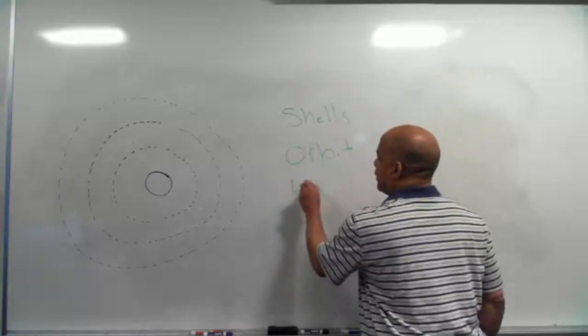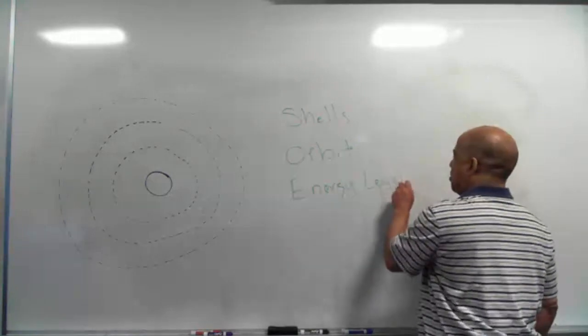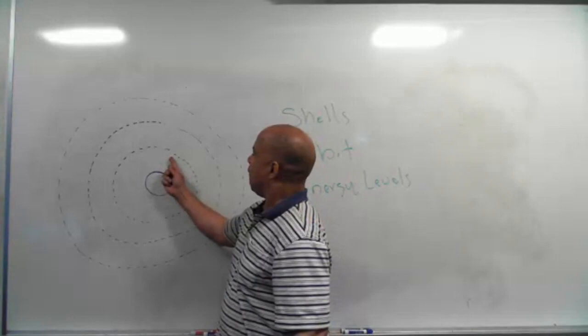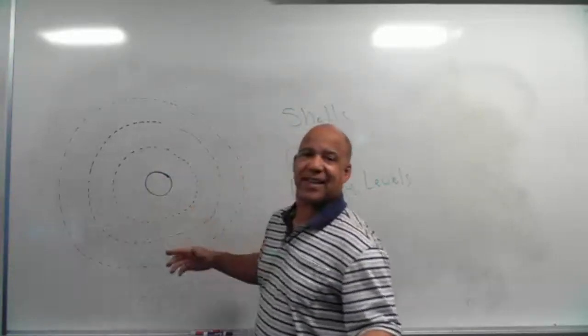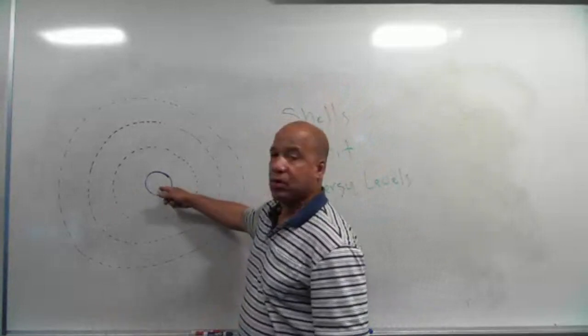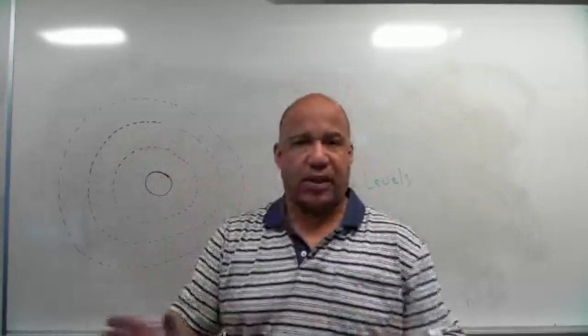They're also called energy levels. So I'm trying to indicate that the electron follows certain paths, and they exist at certain fixed distances from the nucleus.